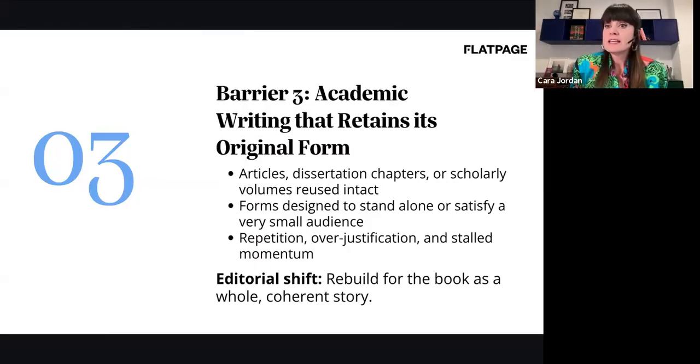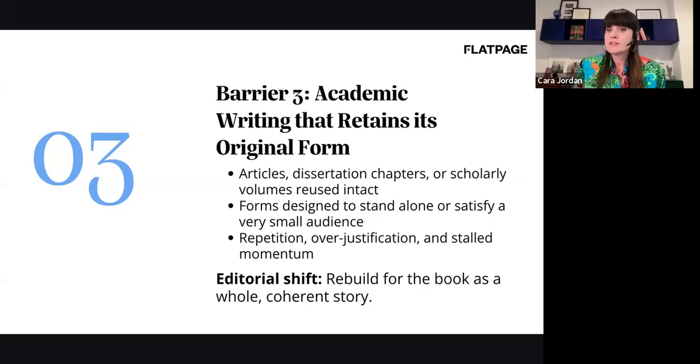Many book projects begin with existing materials: dissertations, scholarly chapters, articles, or years of research written in academic forms, or not even in notes. It's completely natural for those shapes to carry over into your crossover book manuscript drafts.